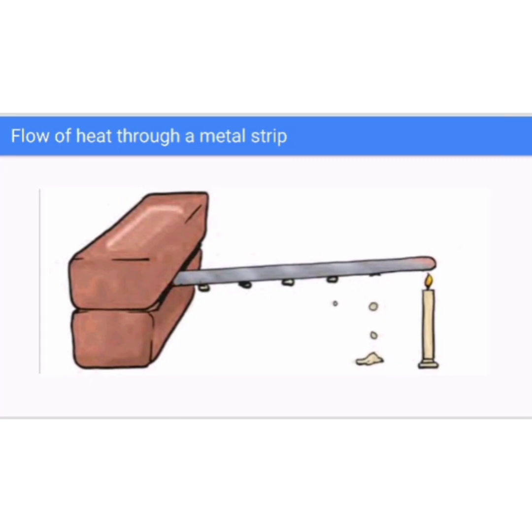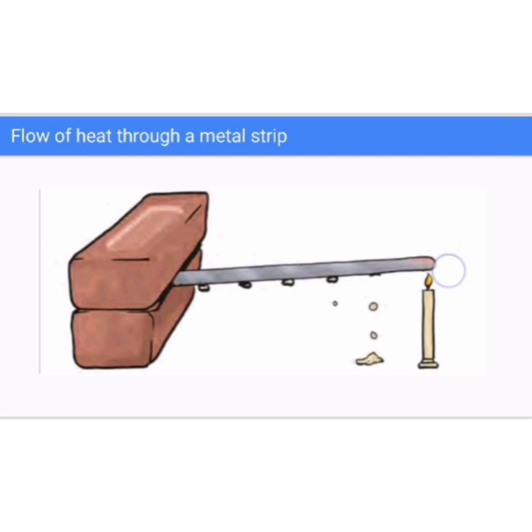If you do not have a stand, use bricks. You can put one end of the rod in between the bricks. Now heat the other end of the rod and observe what happens to the wax pieces.